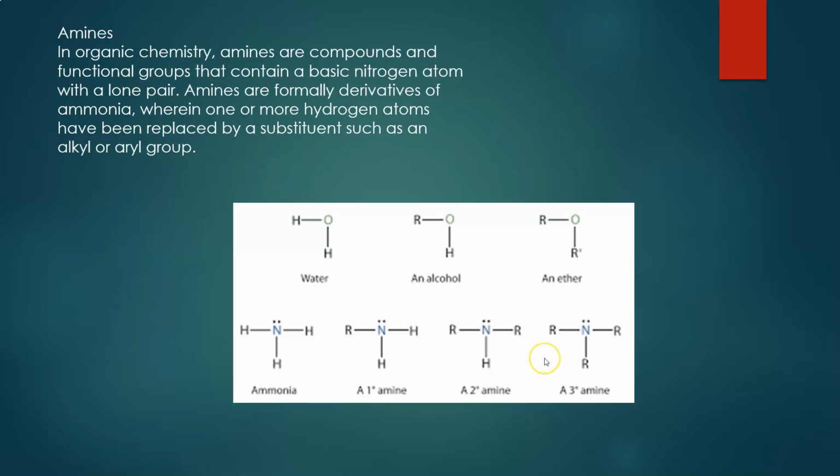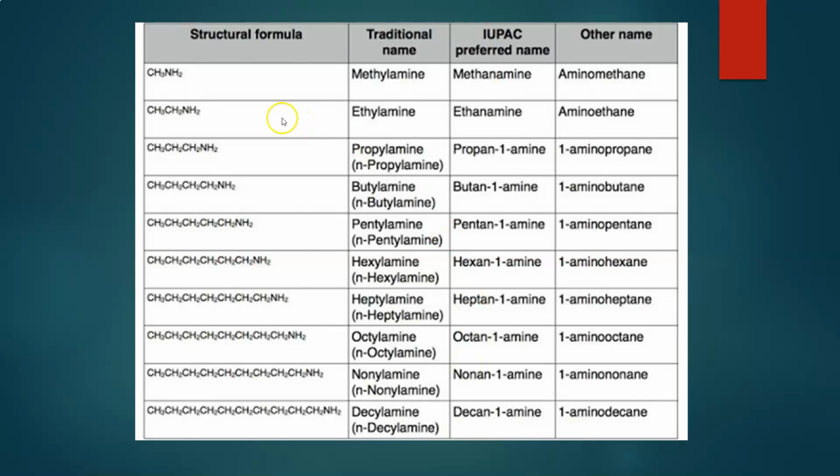Amines are important compounds that can be in the neurotransmitters in our bodies. Here you have different amines and the corresponding names. You can stop the video at any time and see the IUPAC name, that is the one that we are going to use in class.